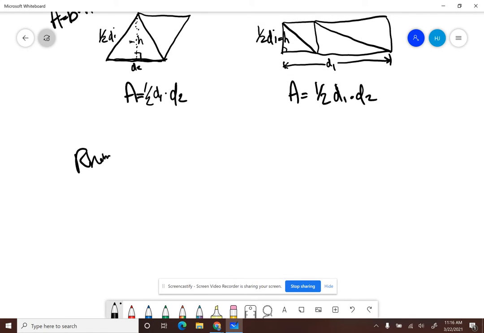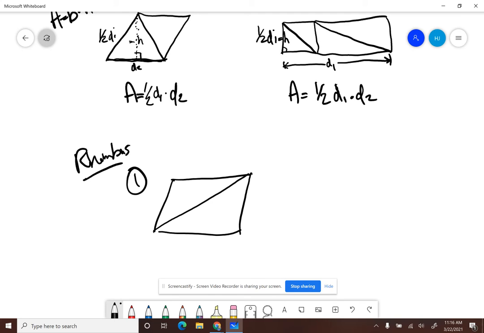Okay, so we're talking about rhombuses first, and we'll call this number 1. And so let's say we have this here, kind of looks like a parallelogram, but we're told that it's a rhombus. And we have these particular two little diagonals here. And we're told that this one is 13.5 feet. And we're told that this one is 15 feet.